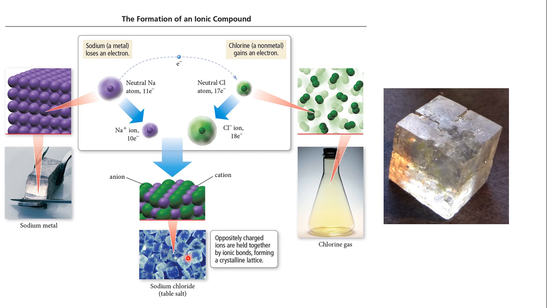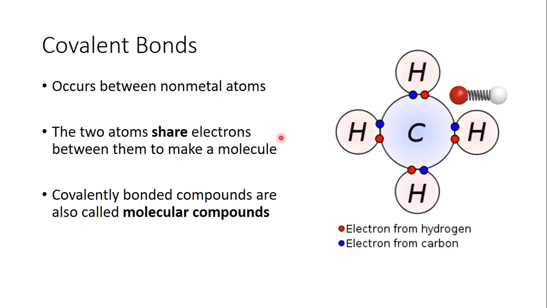They form what's called a lattice, just a repeating pattern, and we get this delicious cube of salt, which is not poisonous to us. And they are held together simply by electrostatic forces, or remember, just the forces between a positive and a negative charge.